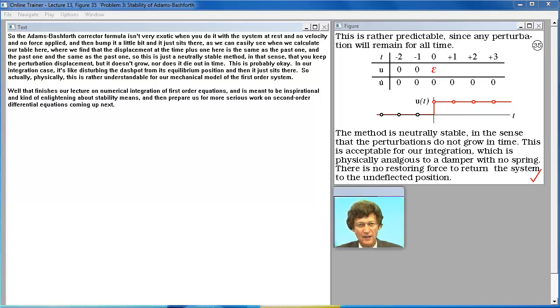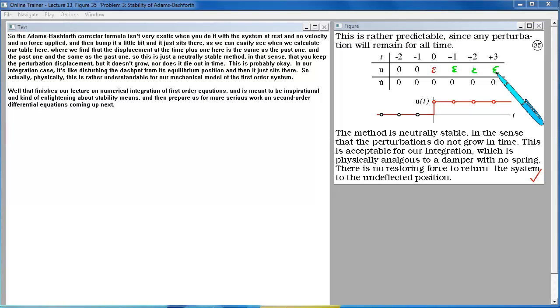So the Adams-Bashforth corrector formula isn't very exotic when you do it with the system at rest and no velocity and no force applied, and then bump it a little bit, and it just sits there, as we can easily see. When we calculate our table here, we find that the displacement at time +1 here is the same as the past one, and same as the past one, and same as the past one.